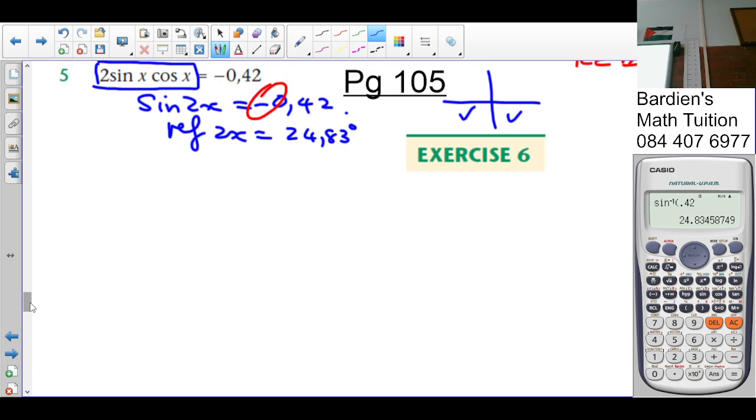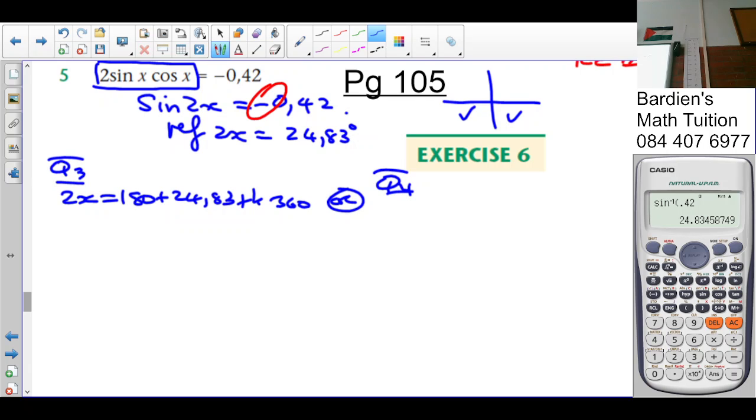So we now say quadrant 3 is going to be 2x is equal to 180 plus 24,83 plus k times 360, or quadrant 4, 2x is equal to 360 minus 24,83 plus k times 360.